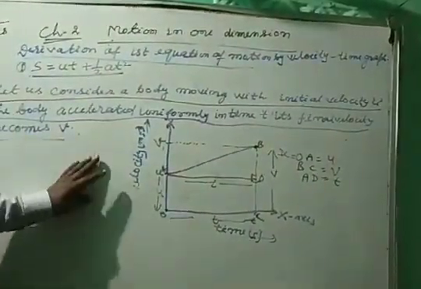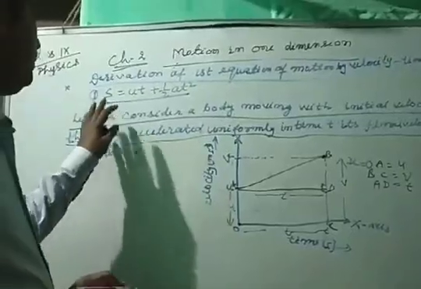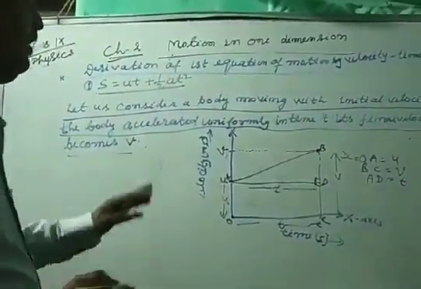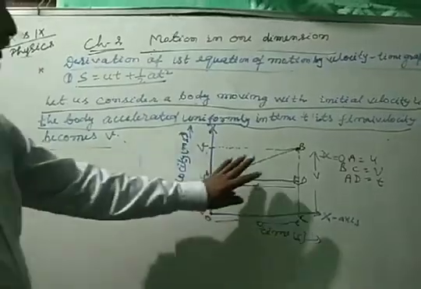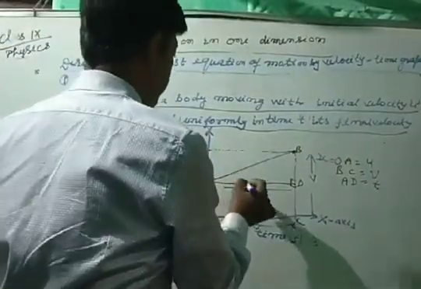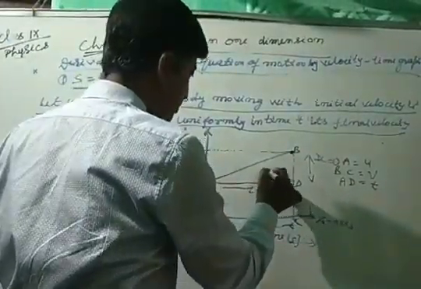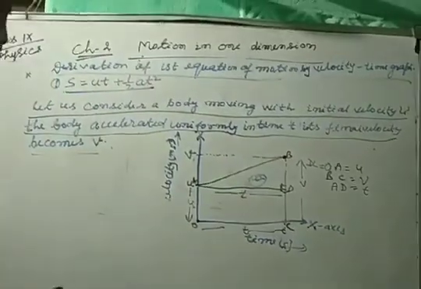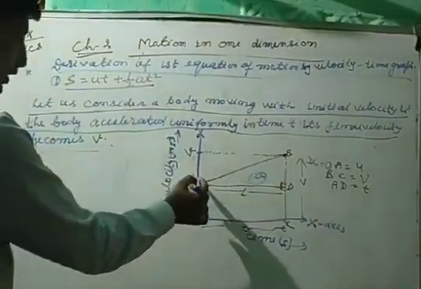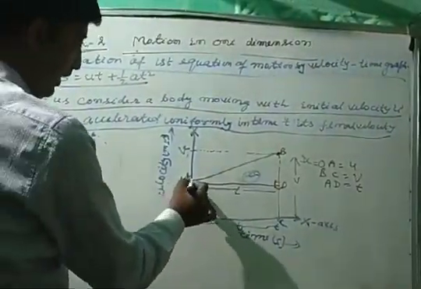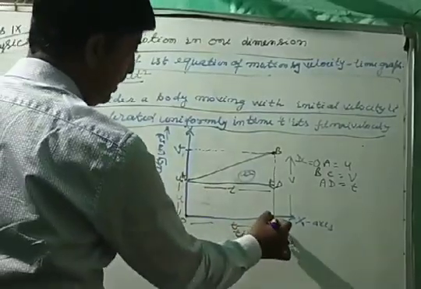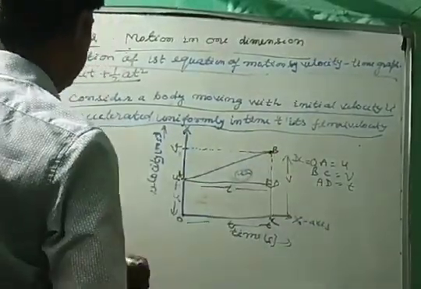The derivation can be done with the help of the velocity time graph, and we know that the area of this graph gives the displacement. So after finding the area of region AOCB, we obtain the displacement.